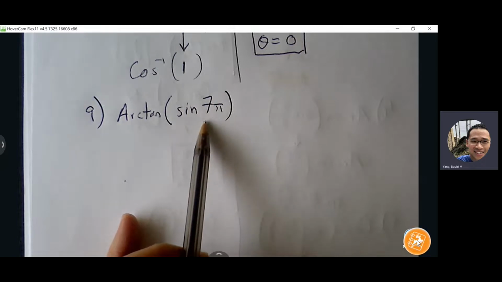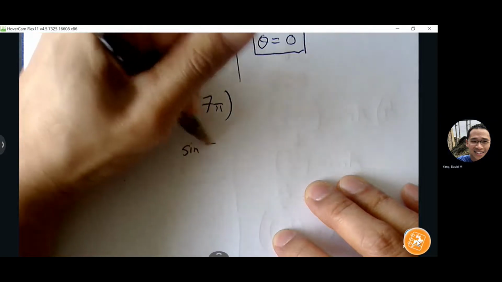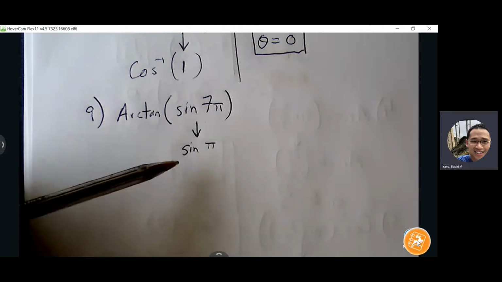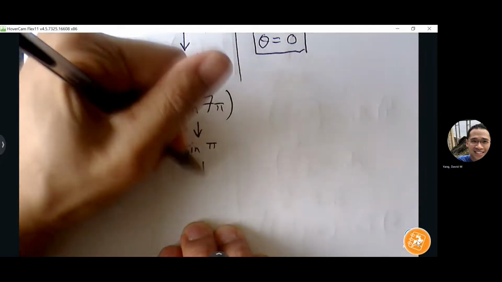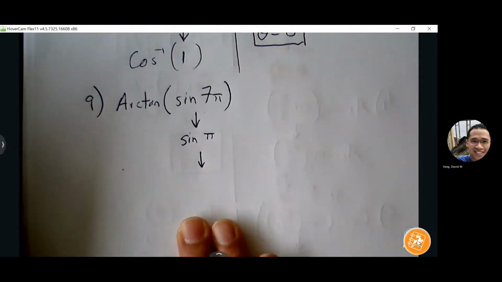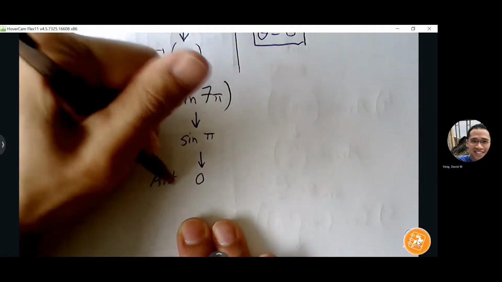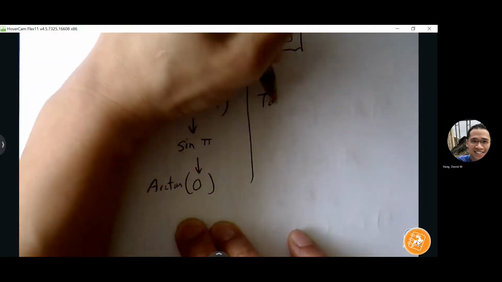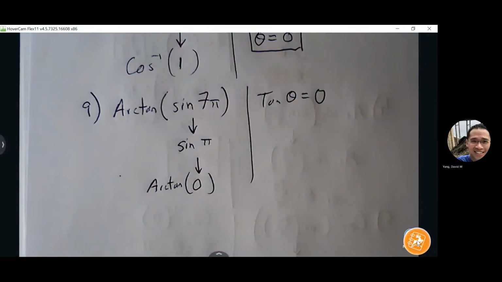Sine of 7 pi is the same thing as sine of pi. Subtract 2 pi, be 5 pi, 3 pi, 1 pi. They're all the same thing, but it's a little more familiar for us for sine of pi. What's sine of pi? 0. We're going to do arc tangent of 0. In other words, what theta value will allow tangent of theta to be 0? 0.